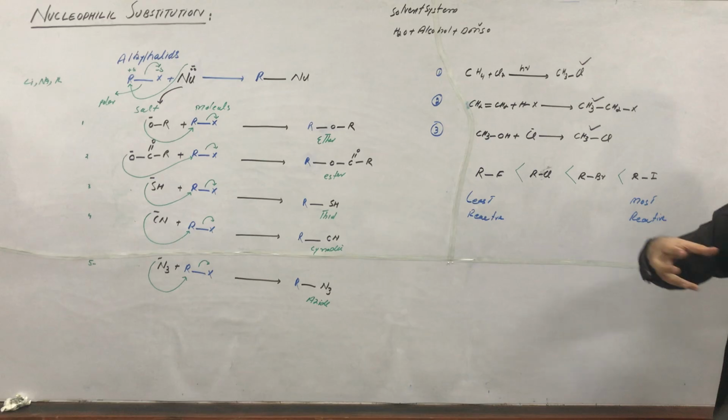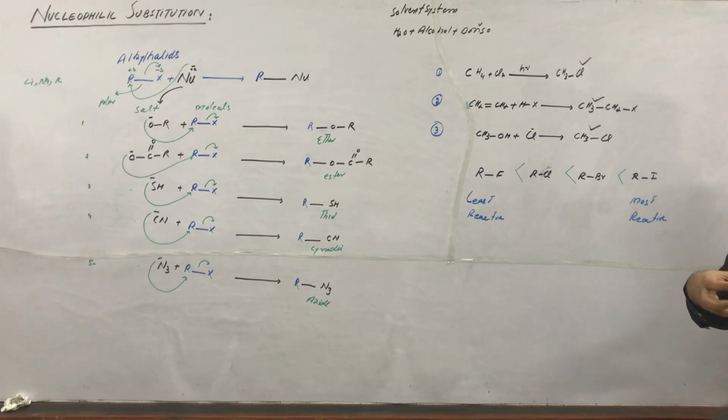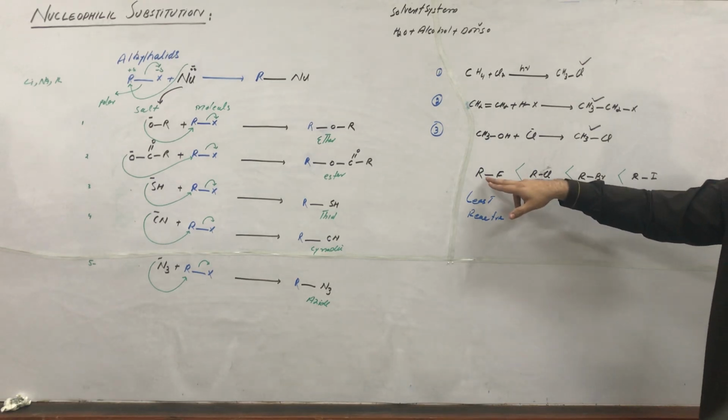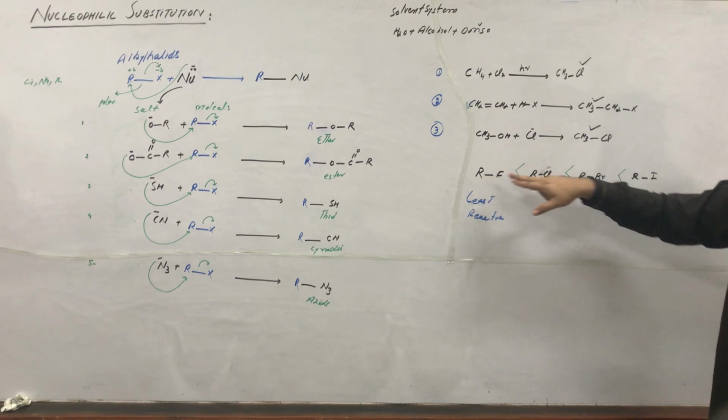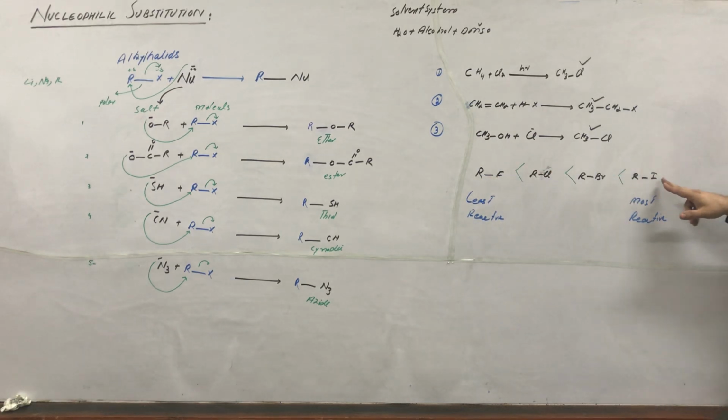When there is bonding between atoms of similar size, the overlap of orbitals is stronger. Iodine belongs to the bottom of a group, so the size of iodine is much larger compared to carbon. So this is a weaker bond, which can be easily ruptured, and we can obtain R positive and iodide negative.